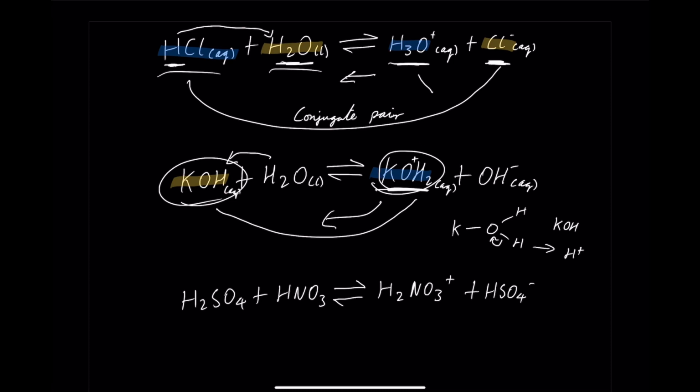Then remember I always said that water is a funny one, because it can be classified as both an acid or a base. And I've just shown you in this example. Remember the top example I showed you, it was acting as a base. Here, water is acting as an acid because it's able to donate a proton to the potassium to form an OH minus.